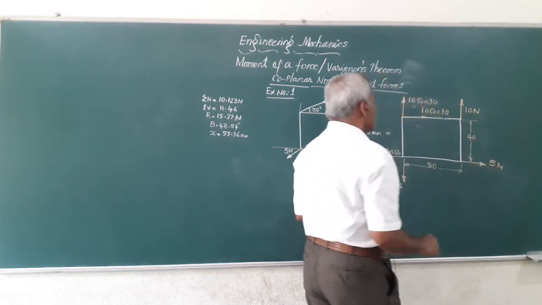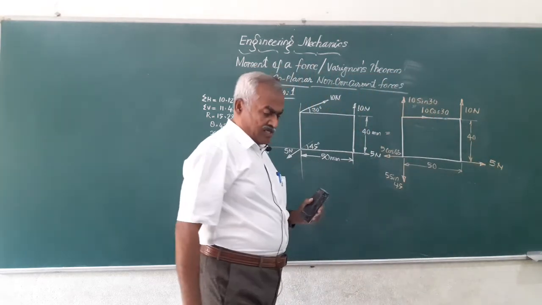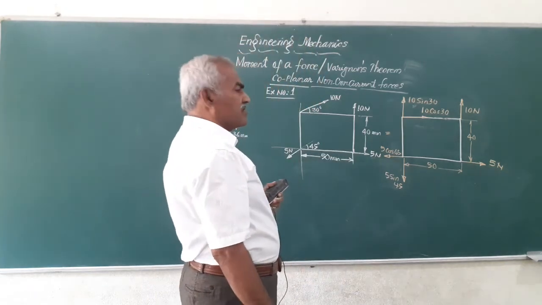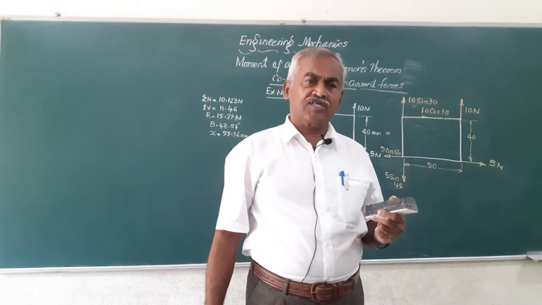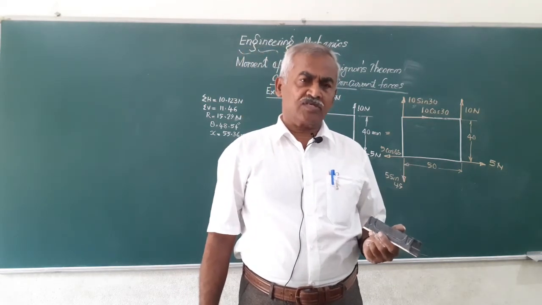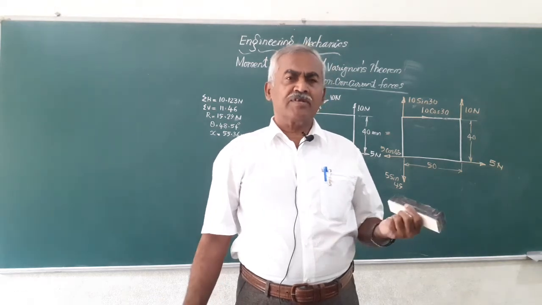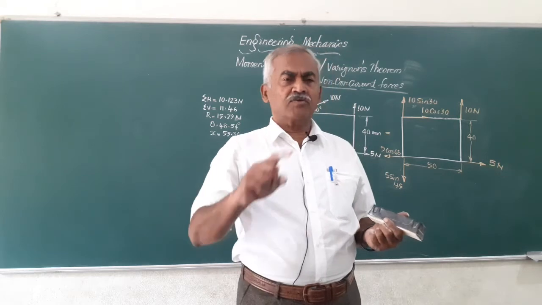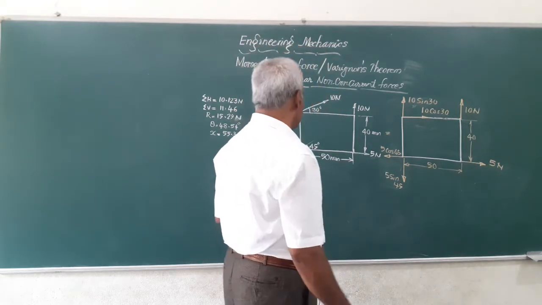So to find the resultant of this system of forces, we need to calculate sigma H, the summation of all the horizontal forces, and sigma V, the algebraic sum of all the vertical forces. Then find the resultant by knowing sigma H and sigma V.